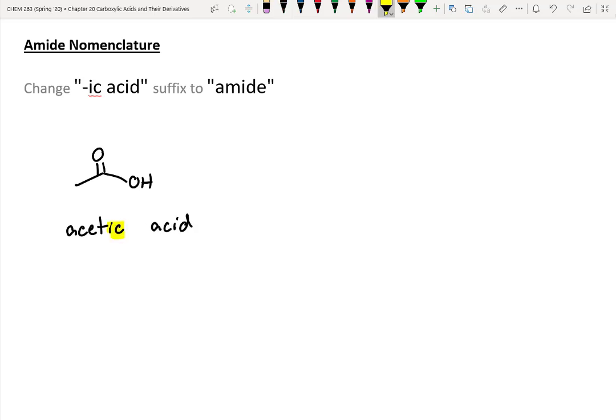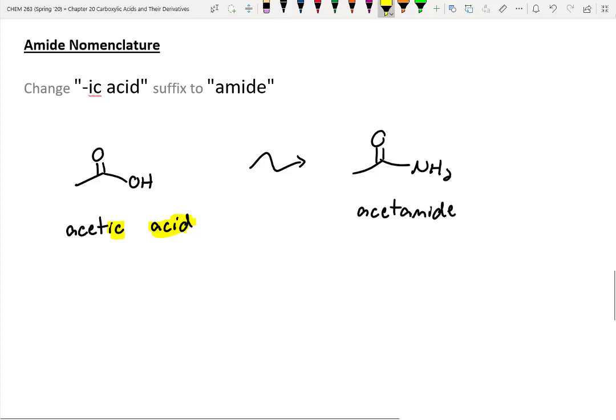We're going to drop the ic and the acid, and in this case, we're going to change it to just a really simple amine where we have an NH2 group. So we would keep the ACET prefix, but now we would add the suffix amide on the end. There isn't any space. This is attached to the parent root. So pretty straightforward. This would just be called acetamide.